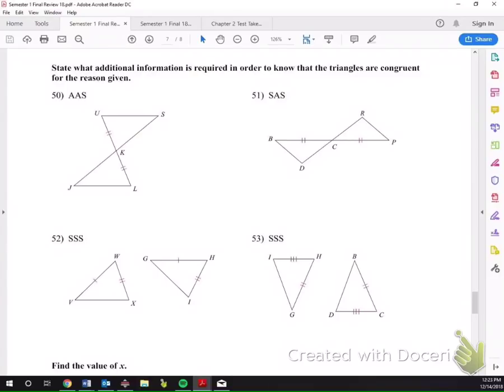So, for number 50, AAS, we have an angle right there. We have a side. So we need another angle. So when we're looking at the other angle, what we want to figure out is which angle is it? Is it the black angles or the red angles? Now, it's important that we understand which order it goes in.